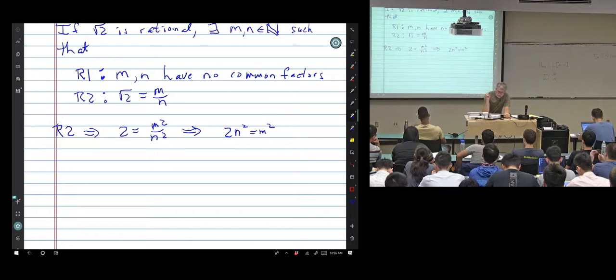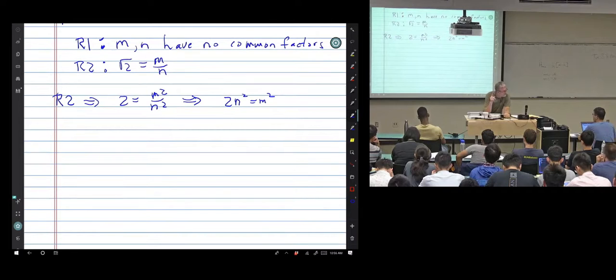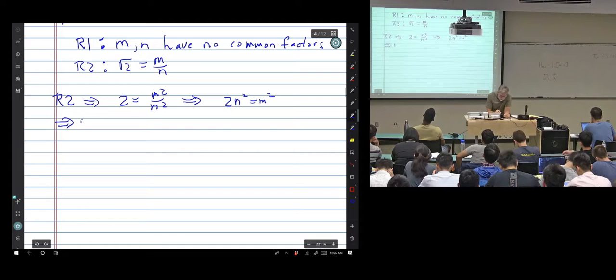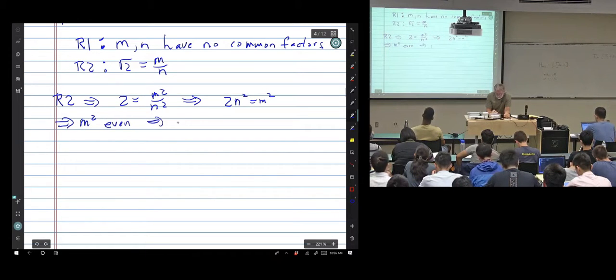So, if M squared is even, what do we know about M? That was Tuesday's lecture, okay? So this implies M squared even, which implies M is even.